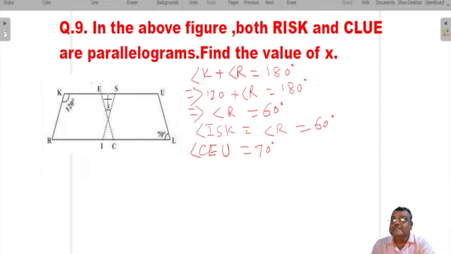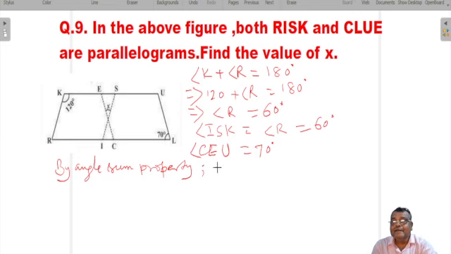Now from this angle, you see X plus angle CEU plus angle ISK, by angle sum property of triangle, what will happen?